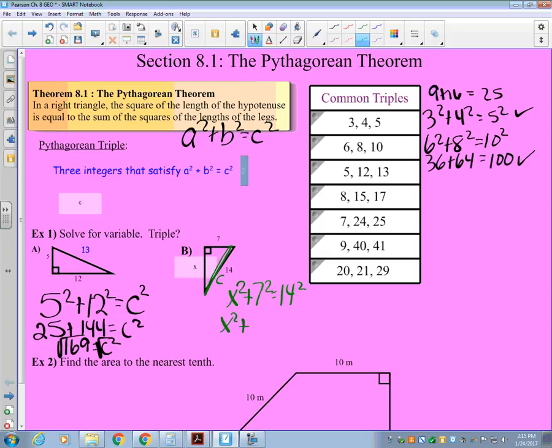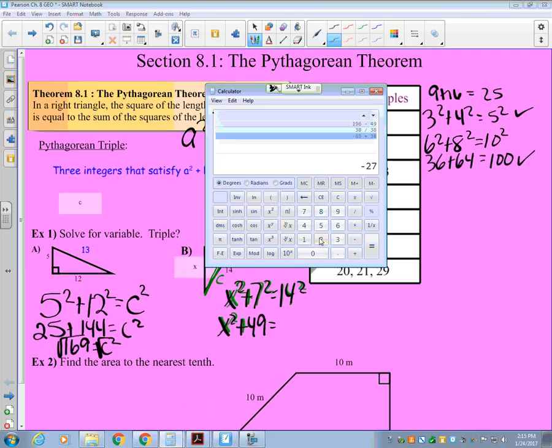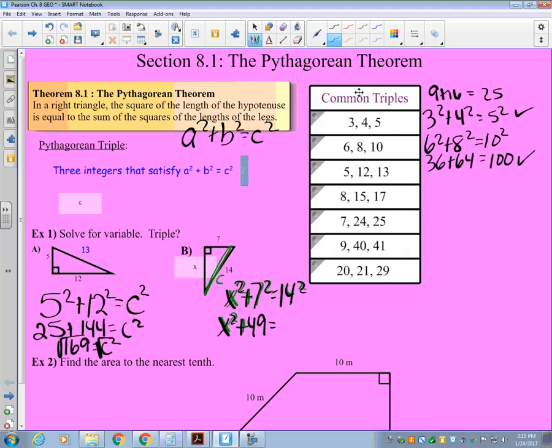When we do the math on this, x squared, sorry, I know it's hard to see the green. So x squared plus 49 is equal to 14 squared. And 14 squared is 196.